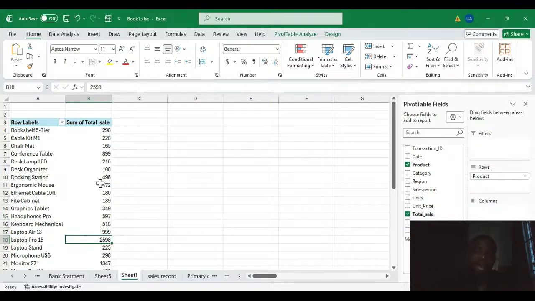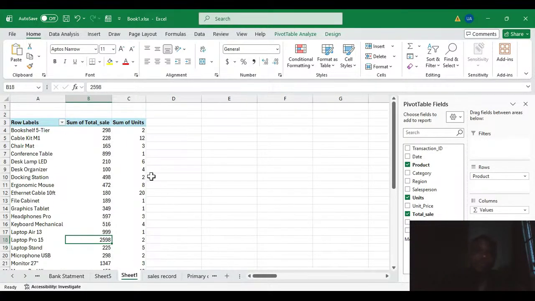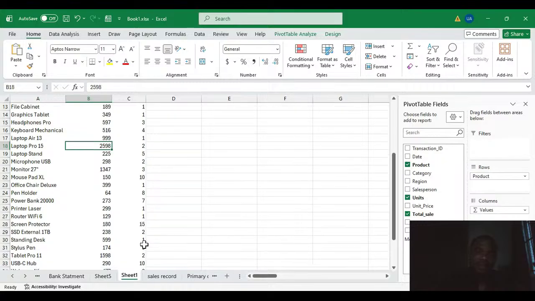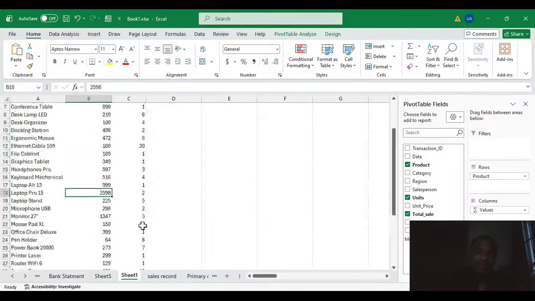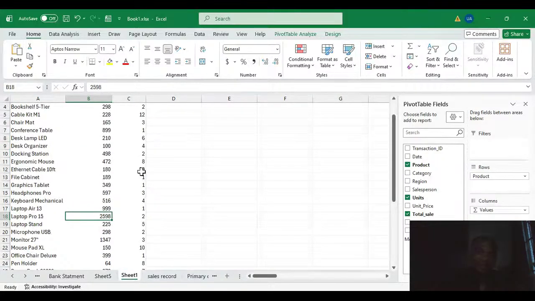Now, if you are looking for the highest item sold, this is total sales, which is in terms of price. If you are looking for the highest unit of products that was sold, you're no longer going to just talk about total sales. You now look at the units here. So I can bring my units here, and then over here, I now have my unit item there. So if you scroll down, this will give you more sense. Over here, we have the Ethernet cable 10 feet.